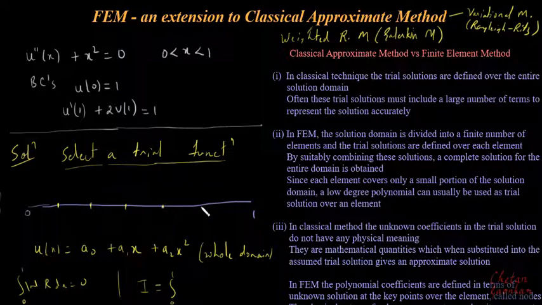some large finite number of parts. Let me give these smaller parts a specific name. These smaller parts of the entire domain in the finite element method are called elements.